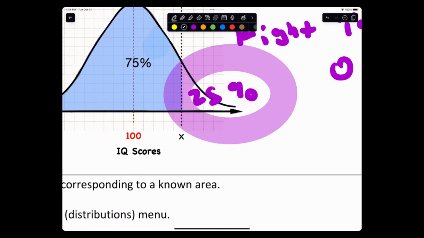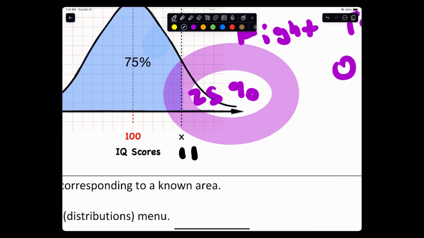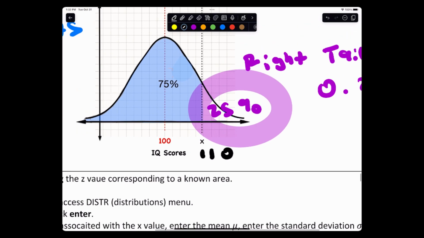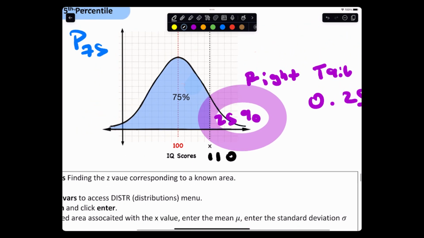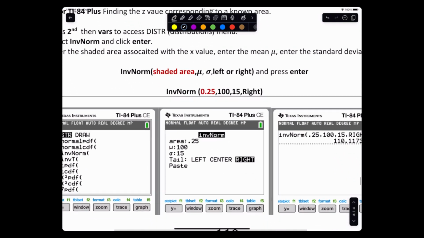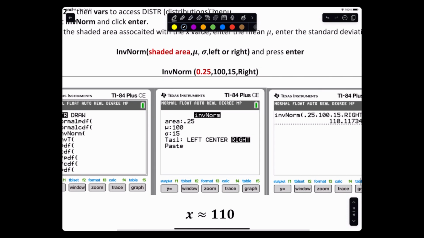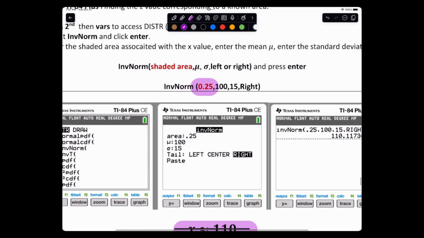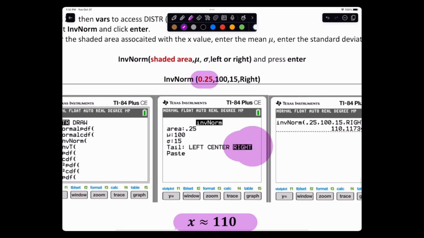So you might say, oh, okay. There's your 110. And I think even in the notes, I said people to do that, right? If you did this 25% here in the notes, notice we got the score of 110. And you did the right tail version here, okay? You guys see that there?